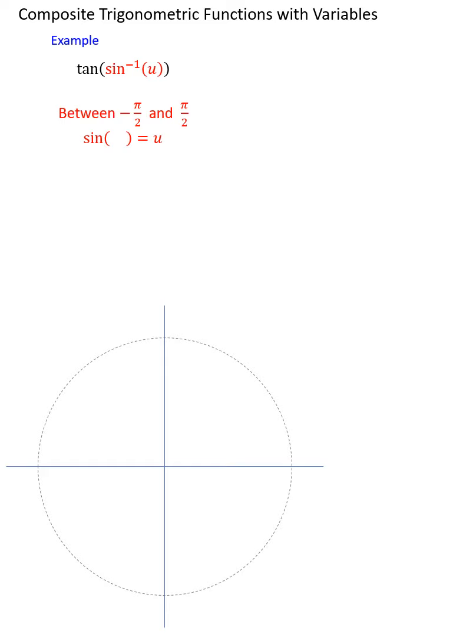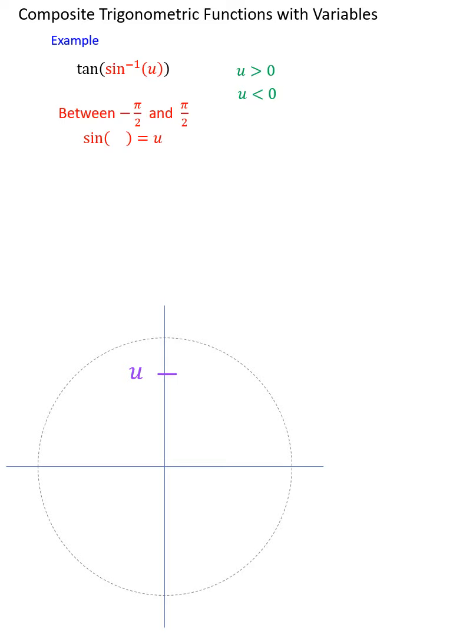Well, it occurs to me that the picture may look a little different if u is a positive number versus if u is a negative number. After all, u represents the y-coordinate of the terminal point of some arc length, and so it would help to know if u is positive or negative.